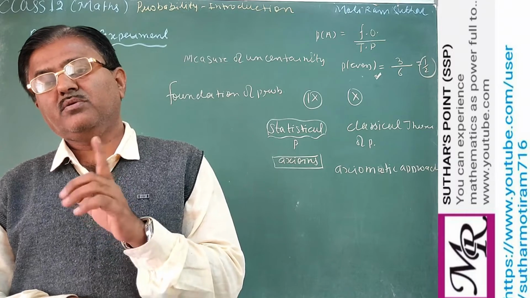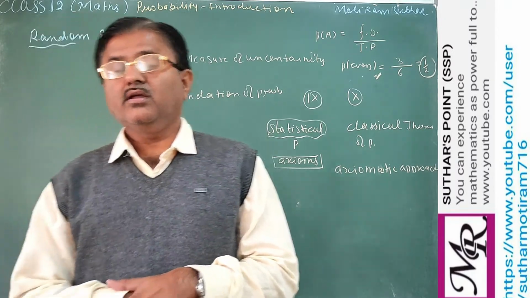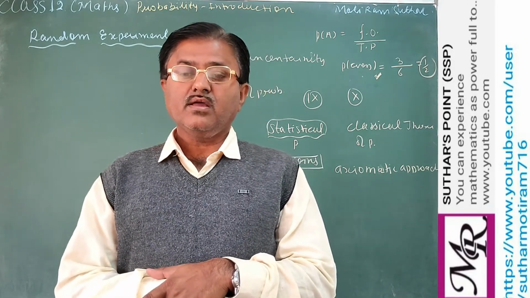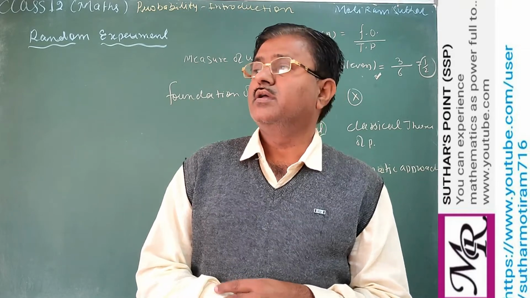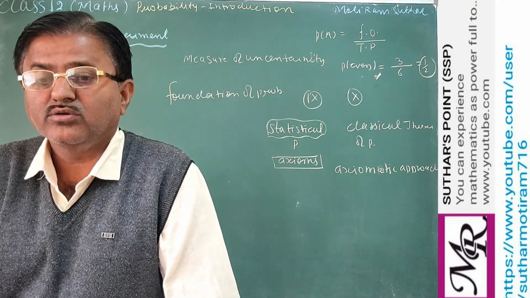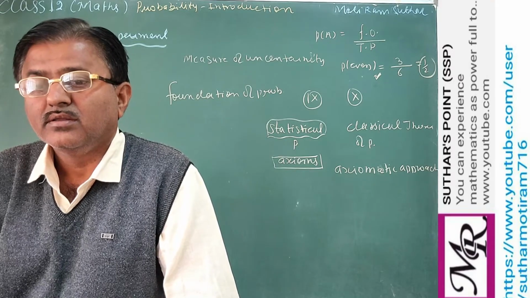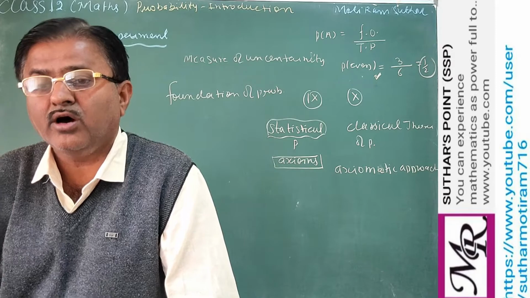It means the result is always 1. Correct? Similarly, in others also, you see the result will always be 1. But in a mathematics experiment like a die, when you throw a die, the result may be 1, 2, 3, 4, 5 or 6.